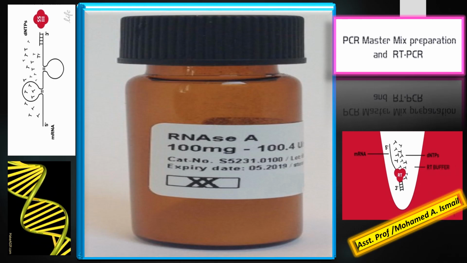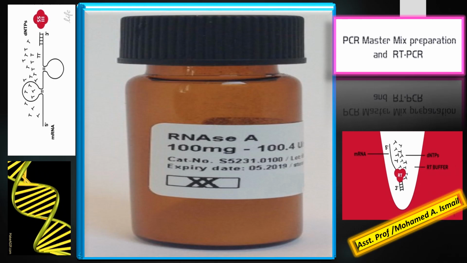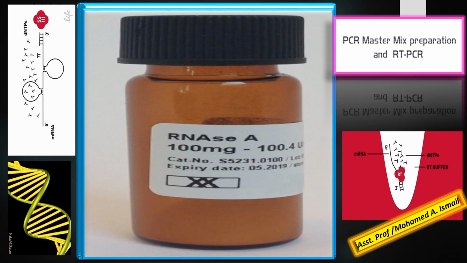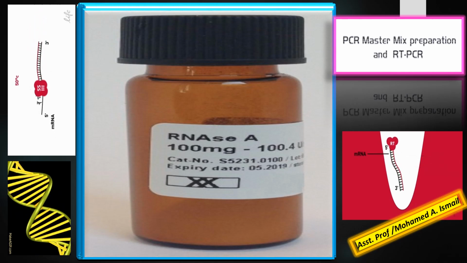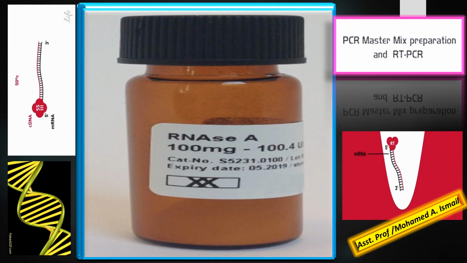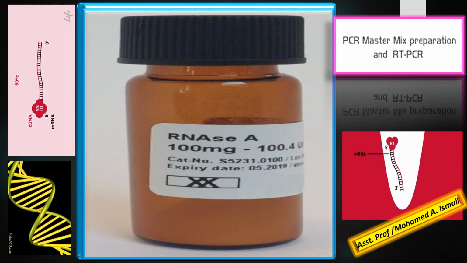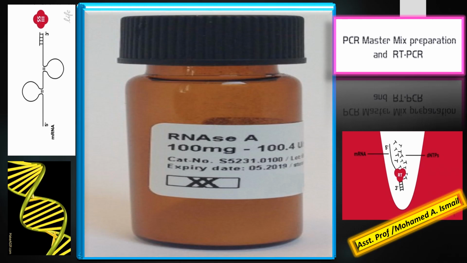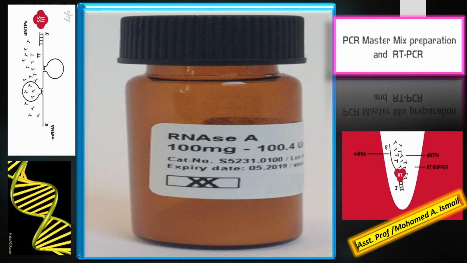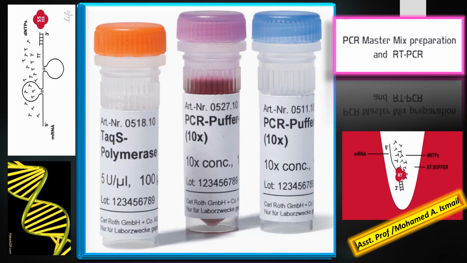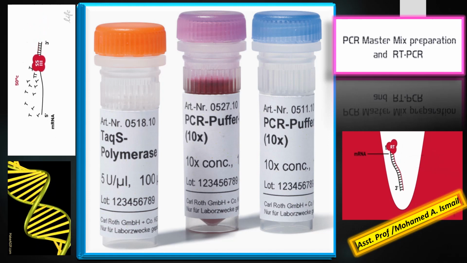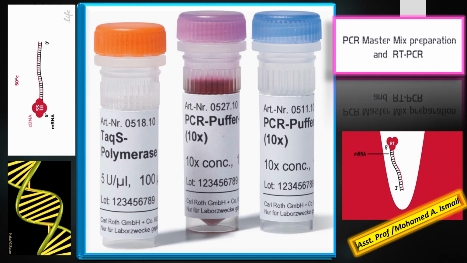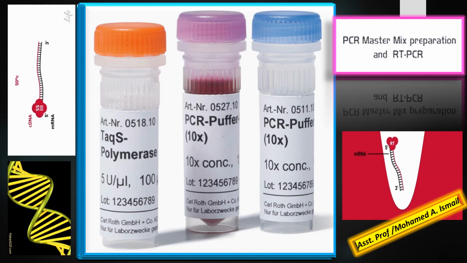Then add PCR reagents as they are listed in the protocol. Distilled sterile RNase-free water is used to dilute the reagents to the correct concentrations. The Taq polymerase buffer is needed to create the optimal chemical conditions for the Taq activity.